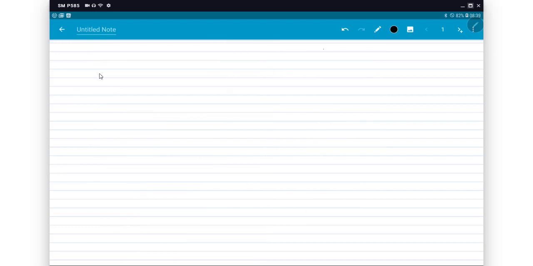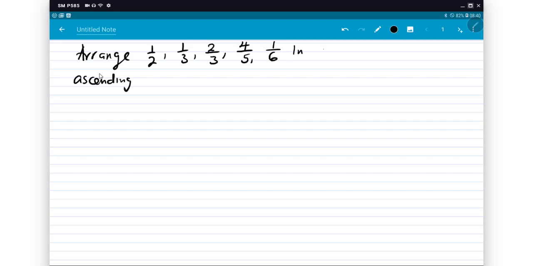Alright, so another kind of question you can solve with those 2 points is this. For instance, the question can say arrange 1 over 2, 1 over 3, 2 over 3, 4 over 5, 1 over 6 in ascending order.